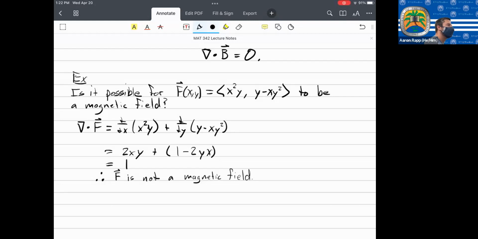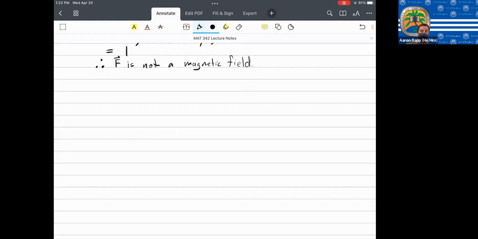All right, next up is the curl operator, which is a little bit harder to remember. And when I say remember, I mean remember the definition. If you're considering a vector field in 3 dimensions, we're going to calculate the curl of it.